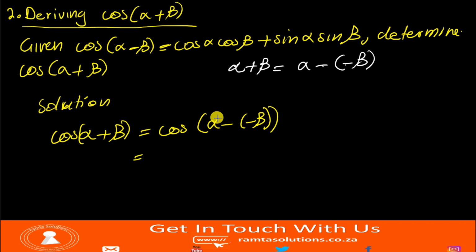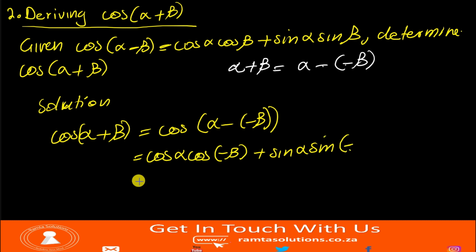So check this out. This is angle 1, this is angle 2. So we have cos alpha, cos, pay attention, this is no longer angle beta, it's angle negative beta, plus sine alpha, sine negative beta.